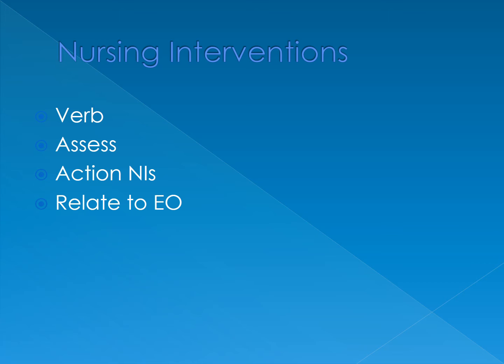I really want to see what you're going to do to help this patient to get rid of whatever that problem is. And this has to relate to the EO. So whatever your EO is, let's say your EO is to get your patient to walk down the hallway, then all the interventions need to be interventions that will help your patient be able to, at some point, walk to the end of the nursing station.